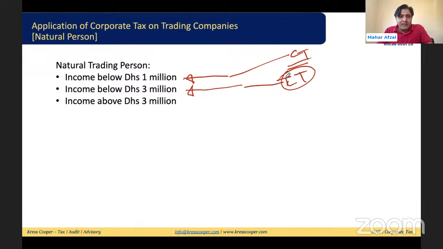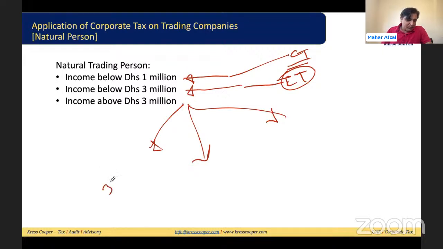In the third category, if the natural person is doing the trading and from the trading they are earning income and the annual income is more than 3 million dirham, then any income up to 375,000, we all know this 0% corporate tax will be applicable.